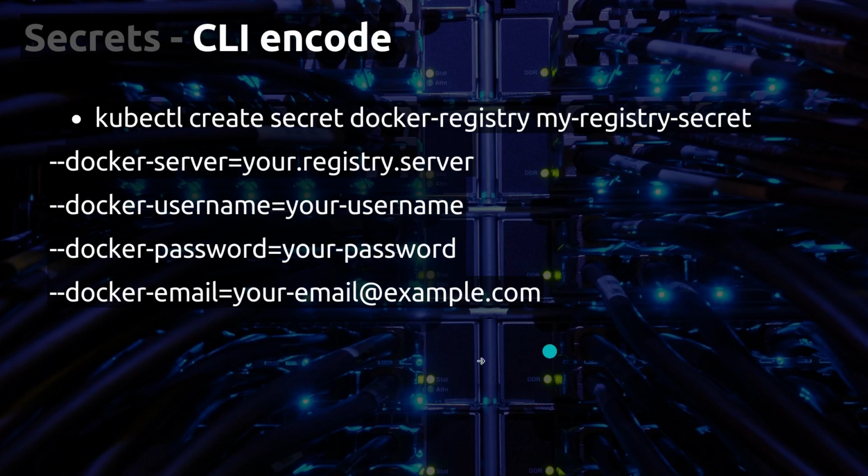And for another kind of secret, for example, for the Docker registry secret, you can set it like that. kubectl create secret, the kind of secret, docker-registry, the name of the secret, and the dedicated structure of your secret. For example, for Docker registry, this is Docker. So we can do that.